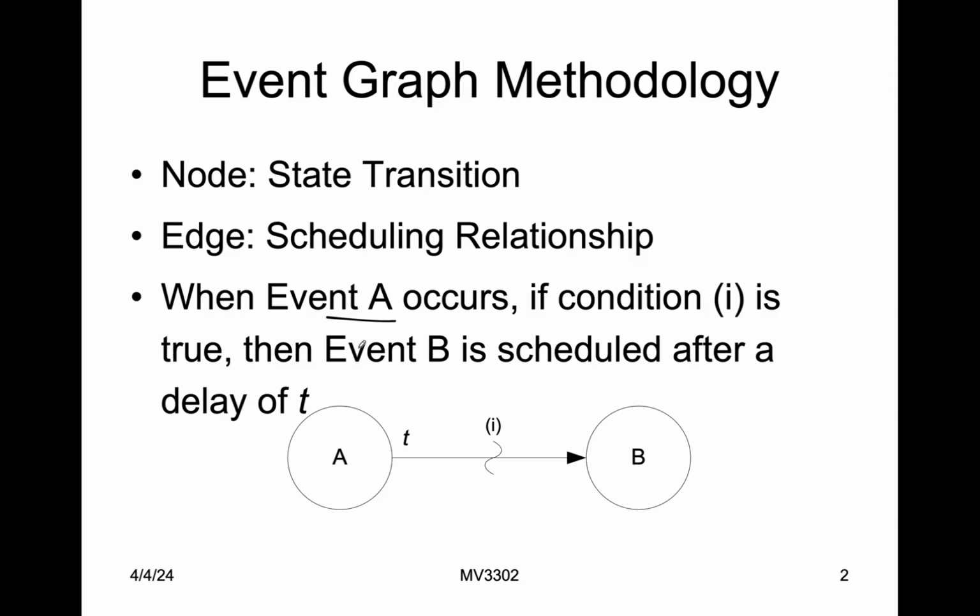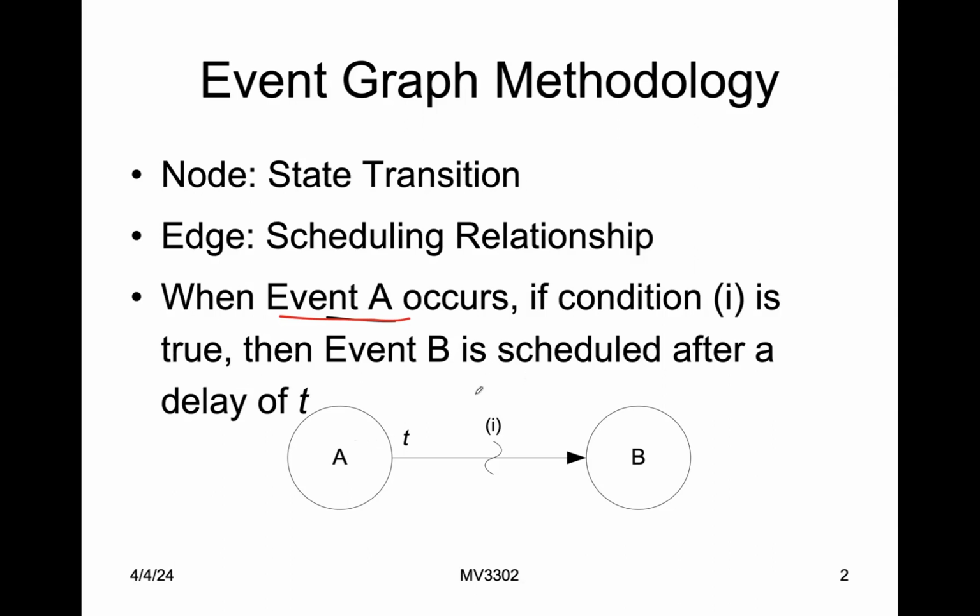So when event A occurs, that is, when the event list decides that A has occurred, then it processes the event. Now what does processing mean? This tells the designer that the modeler has decided what this particular event is going to do. First, it executes the state transitions inside, which are defined by the modeler.